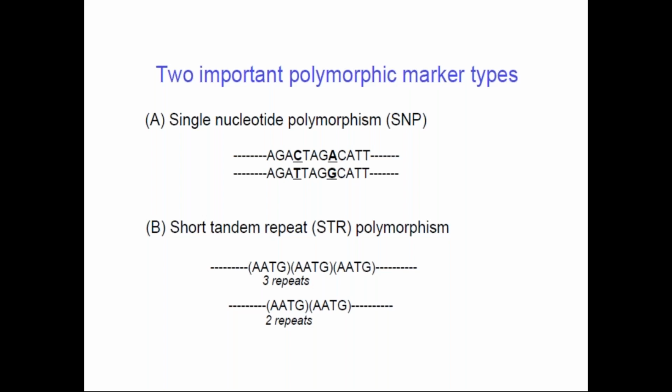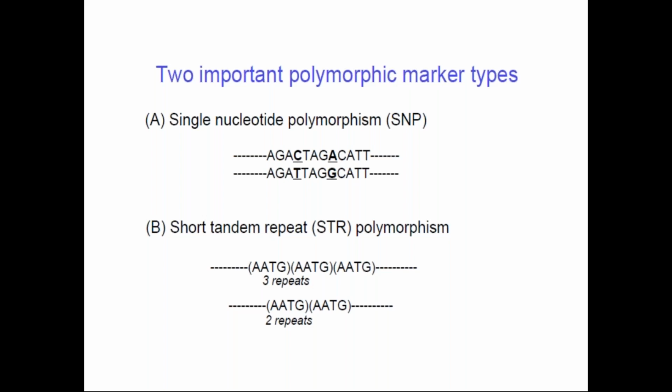Such a sequence we consider a polymorphic marker, polymorphic DNA. On the basis of this molecular marker, we can identify a particular individual. These are single nucleotide polymorphism and short tandem repeats, that is the STR.